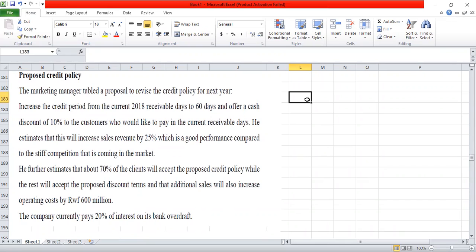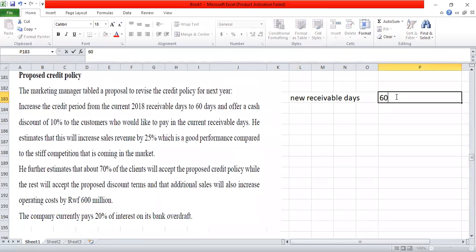So the new receivable days is going to be 60 days.